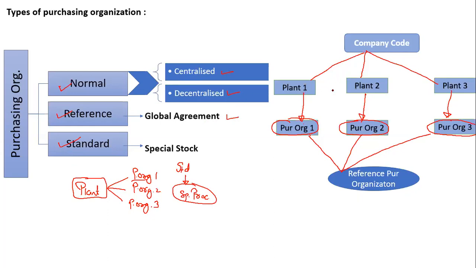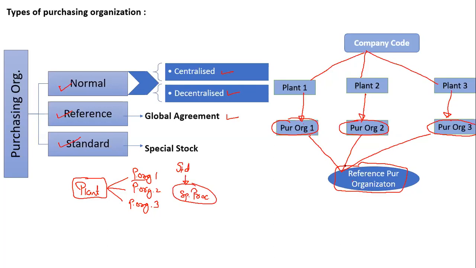When we have plant-specific purchasing organizations and I don't want to create a separate contract or separate terms and conditions, I can create only one purchasing organization, the reference purchasing organization, and simply use all the data from here at all these purchasing organization levels. For that, we have to assign these purchasing organizations to the reference purchasing organization. That is the purpose of a reference purchasing organization.